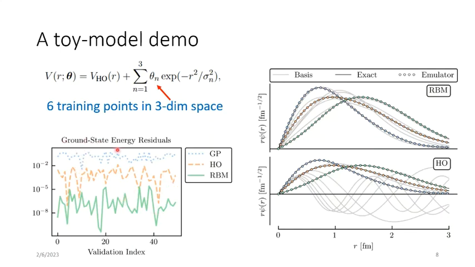And of course, based on 6 training points, we have input thetas and output energies, so we can apply Gaussian process emulators and train them. This would be the emulation error.